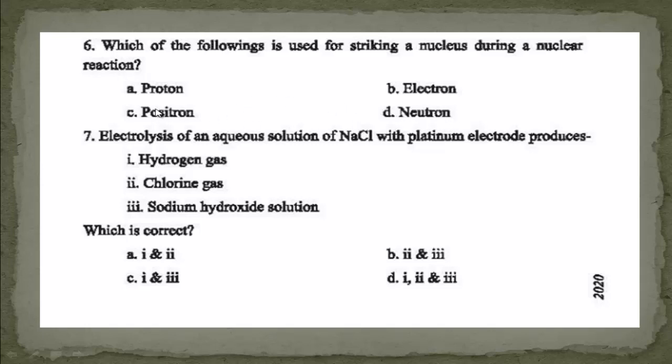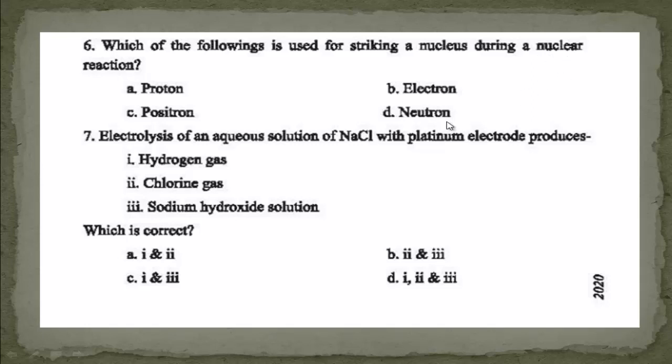Yes, electron cannot be used, but proton is also not used here because proton is a charged particle, but neutron is a chargeless particle. And generally in nuclear fission reaction, there are 2 types of neutrons, slow neutron and fast neutron. So here slow neutron is used for the nuclear fission chain reaction.